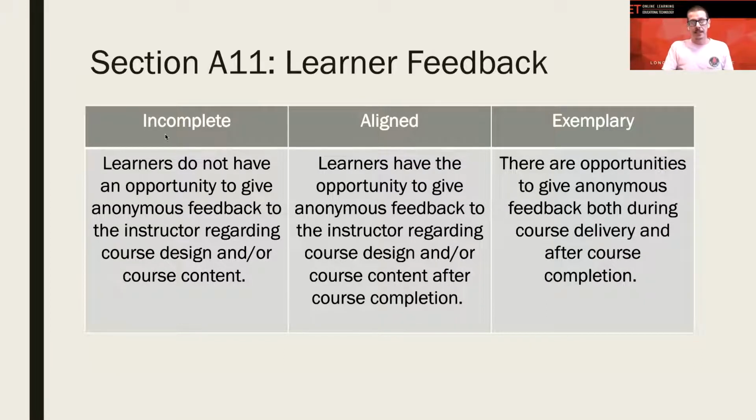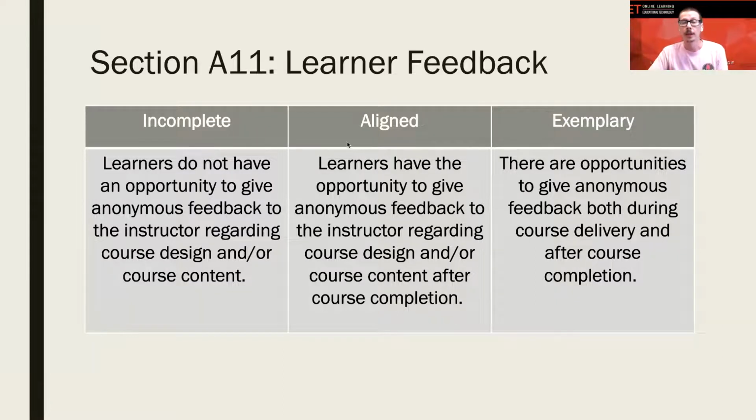If a class is incomplete with criteria A11, that states that learners don't have an opportunity to give anonymous feedback during or after the course design or course content. So if a class doesn't solicit feedback at all from students, particularly anonymous feedback, then in the eyes of the rubric, that would be seen as not quite where it needs to be.